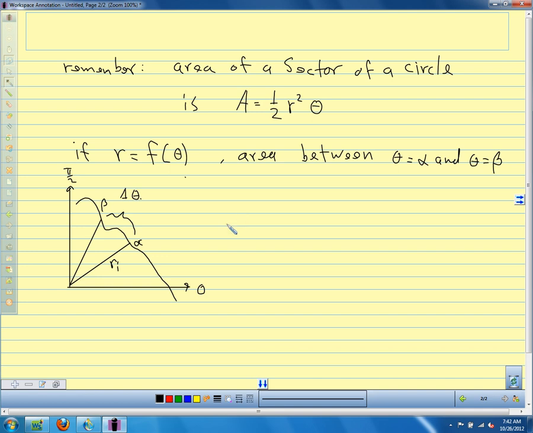So the area of the section is approximately the sum for i equals 1 to n, dividing it into n intervals, of 1/2 f of θ sub i, that's r sub i, squared, times Δθ sub i.